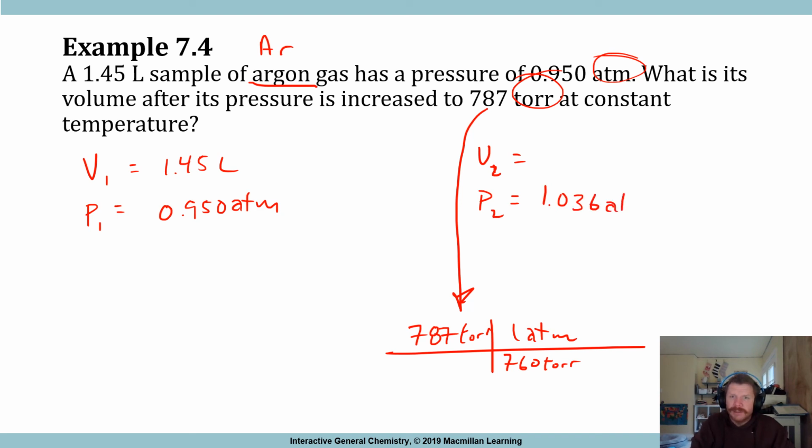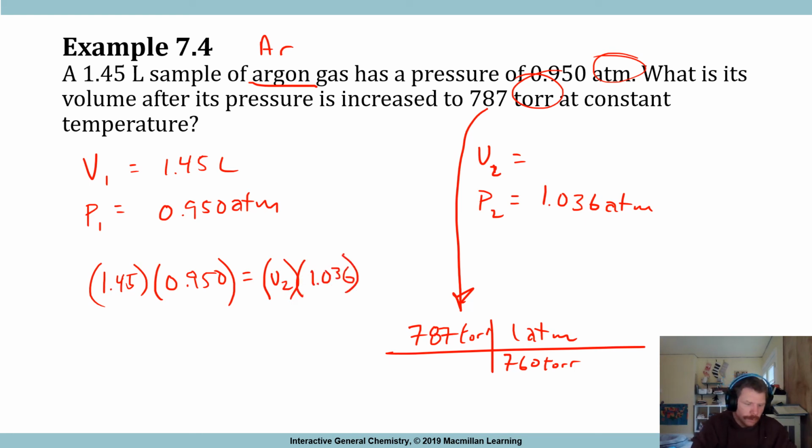1.036 atmospheres. So now I'll set this up as 1.45 times 0.950 is equal to V2 times 1.036. So 1.45 times 0.950 divided by 1.036 gives V2, our answer, which I'm going to write in green.